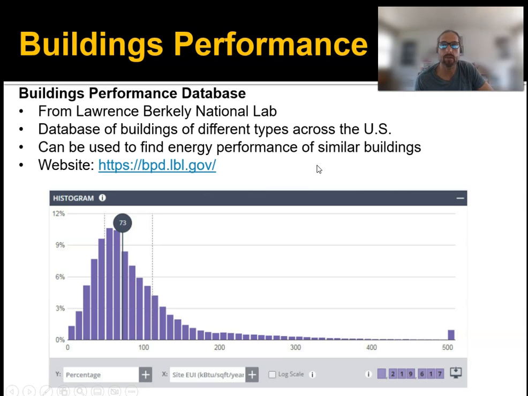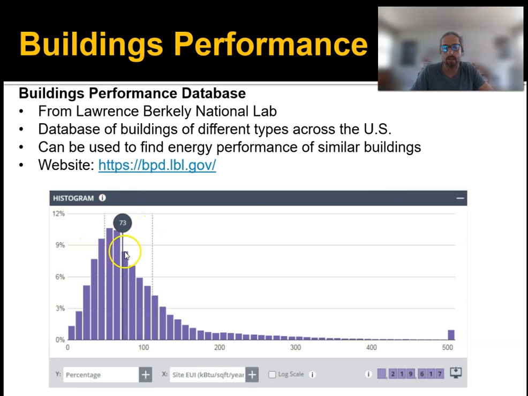But the purpose is that you determine your EUI or ECI, and then you can go in and compare that to what other buildings in a similar climate zone of similar building types are using. Okay, and one thing they give you is a histogram of different buildings that fit your category across the U.S. Again, I go over this in more detail in the other video.